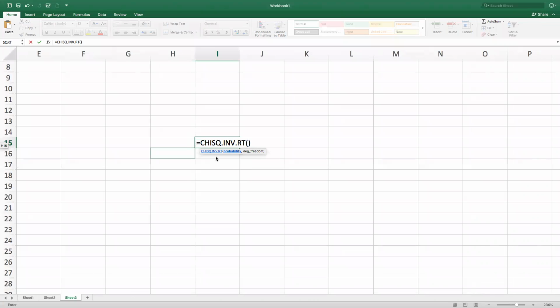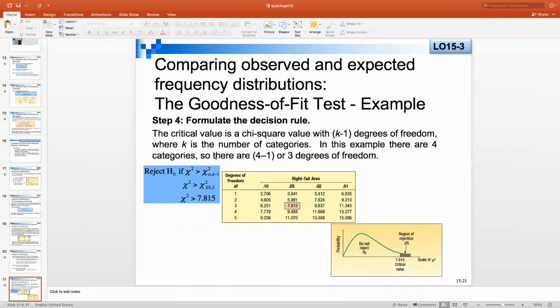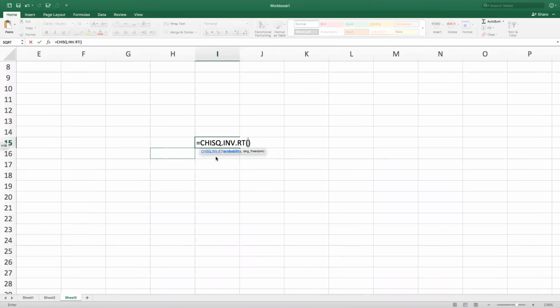It's going to ask you first for the probability, which was 0.05, and then our degrees of freedom, 3. All right, and there's our 7.815. Okay, so very simple. Once you understand that function of CHISQ.INV.RT, you're done.